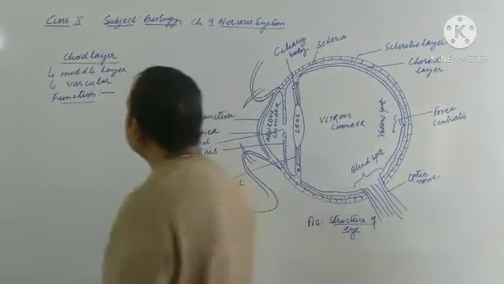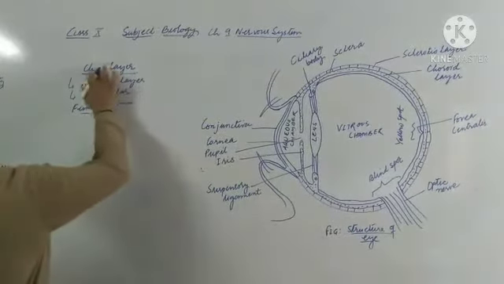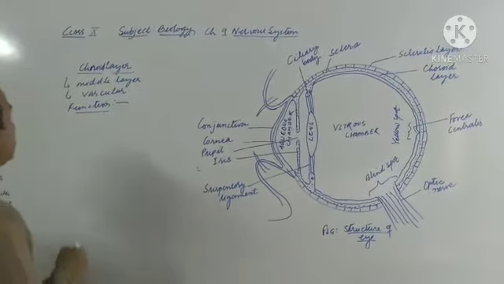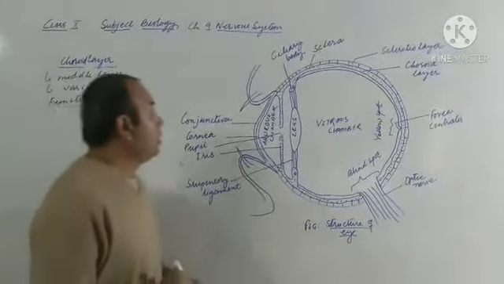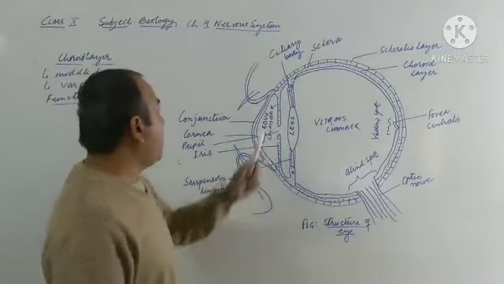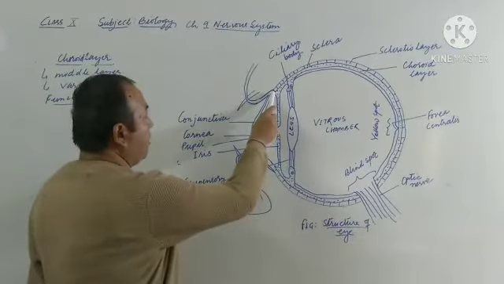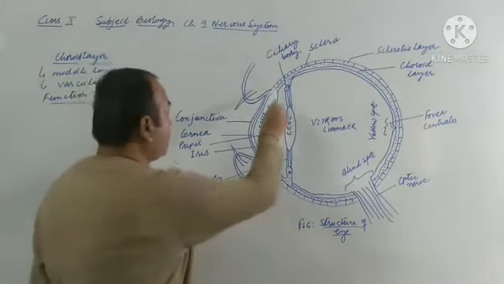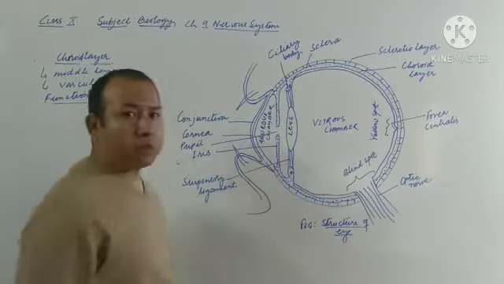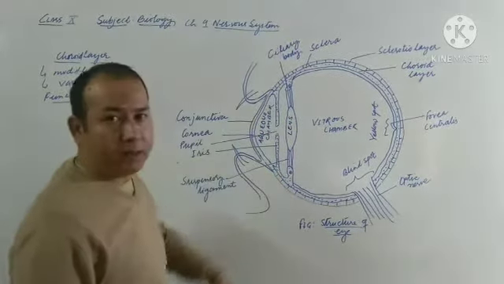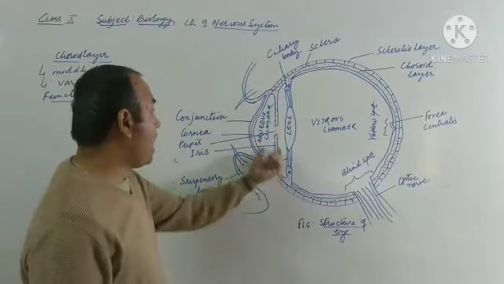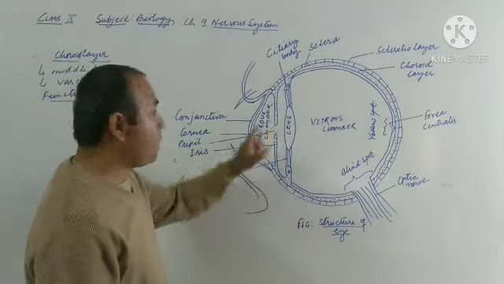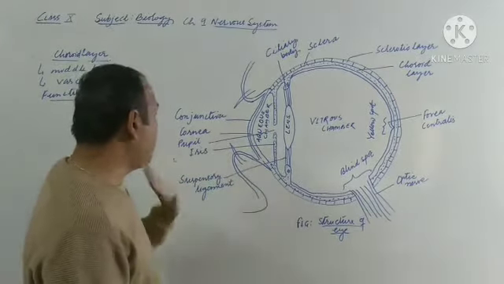Now after that comes the choroid layer at the junction of cornea and sclera. At the junction of cornea and sclera, this choroid layer bends sharply to form the structure called the iris from both the sides, you can see up and down, leaving a small aperture in the middle which we call the pupil.